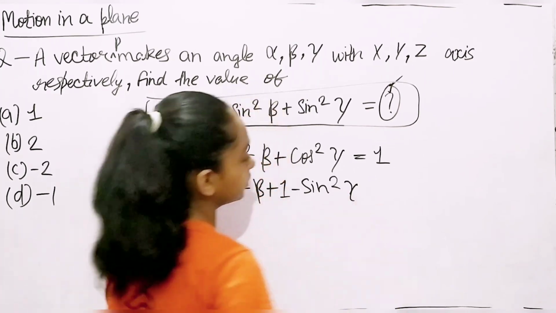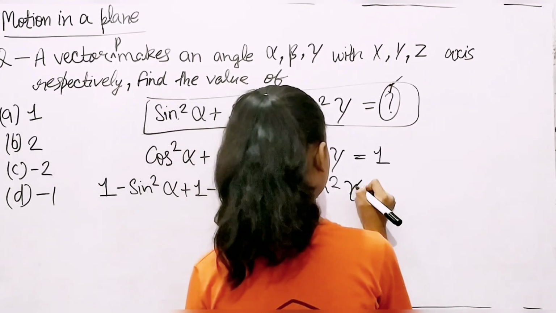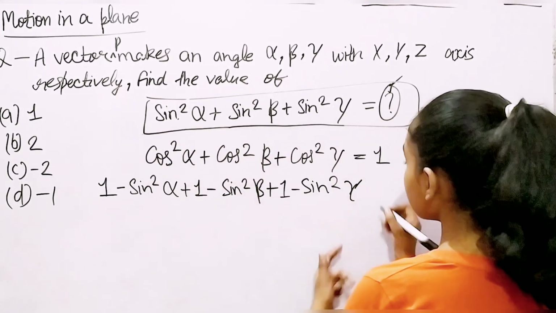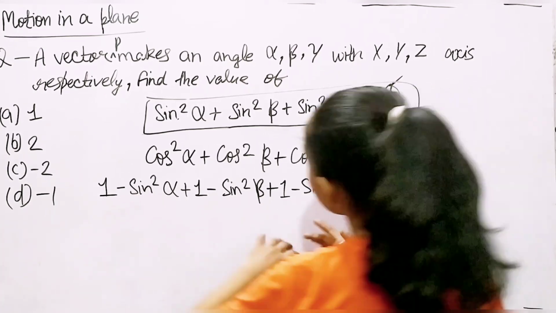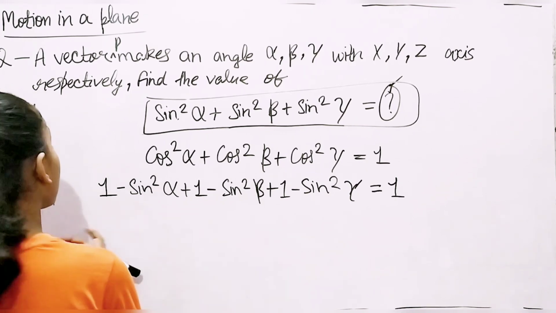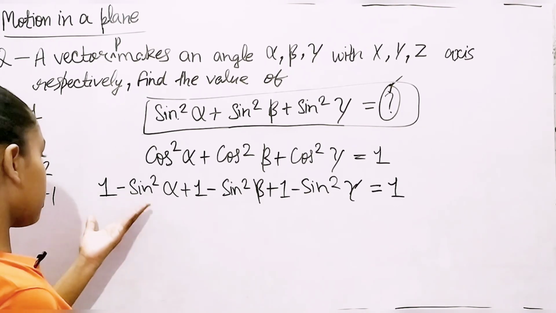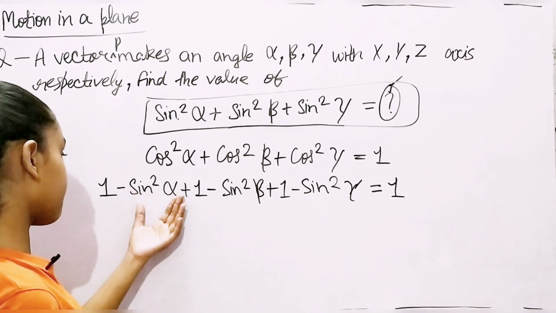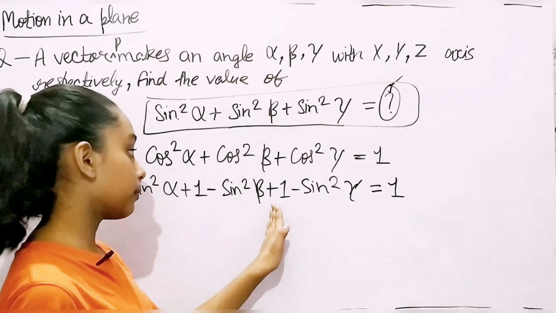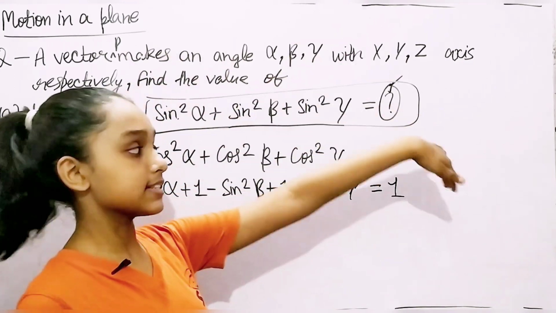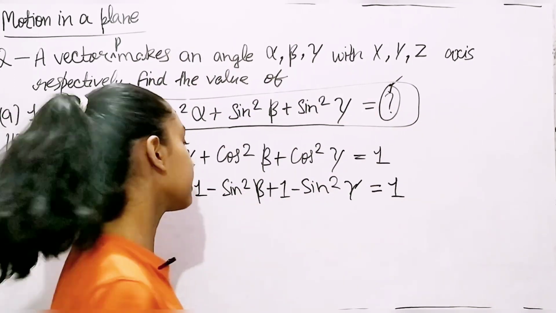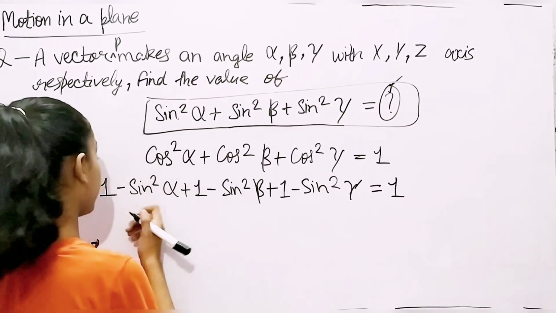And this equals 1. It's really easy peasy. So now what are we going to get? First of all, we're going to shift sine square alpha, sine square beta, and sine square gamma to the right hand side, and 1 will be on the left hand side.